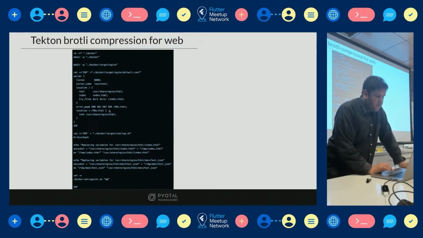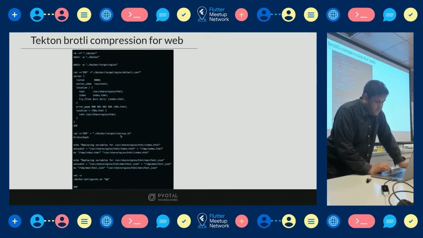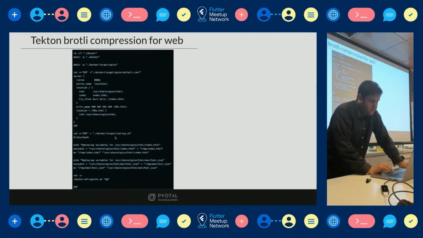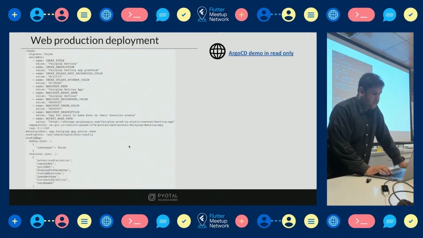It references the error values that can be used, the root of a location of the Nginx. Then there's a startup for that Docker image. It replaces the variables that we saw earlier. So the variables that we saw earlier here, the title, etc., are going to be templated in the index.html.